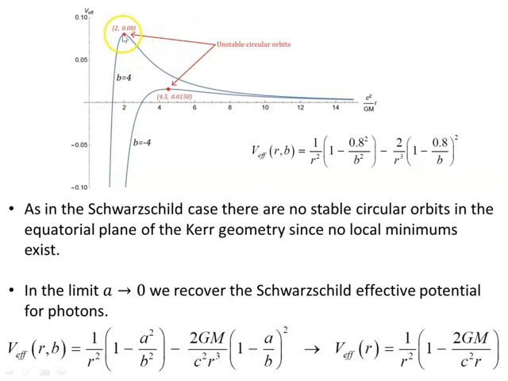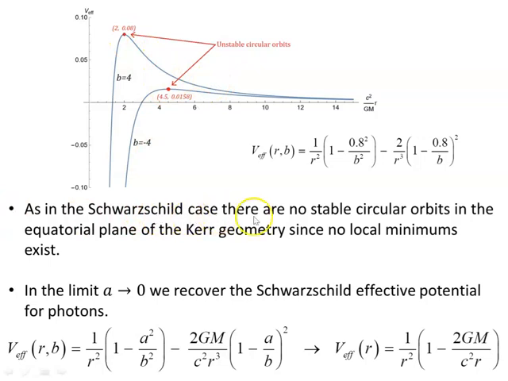The unstable circular orbits occur at these points here, these local maximums. R is 2 in the prograde case, and R is 4.5. When I say R is 4.5, I mean 4.5 GM on c squared, or 2 GM on c squared in this case here. I just rescaled the plot to keep the numbers simple. And here's the effective potential that's been plotted here. These are points of unstable circular orbits.